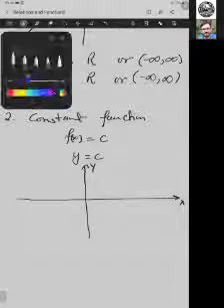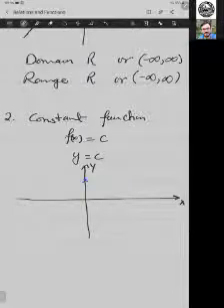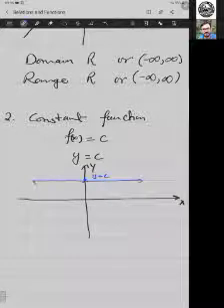It is not compulsory. Anywhere it could be on the negative side, it could be on the positive side, it could be more upside or down, whatever is possible. But we are feeling like y = c is this point. So a line parallel to this we need to draw. So this is the line of y = c.